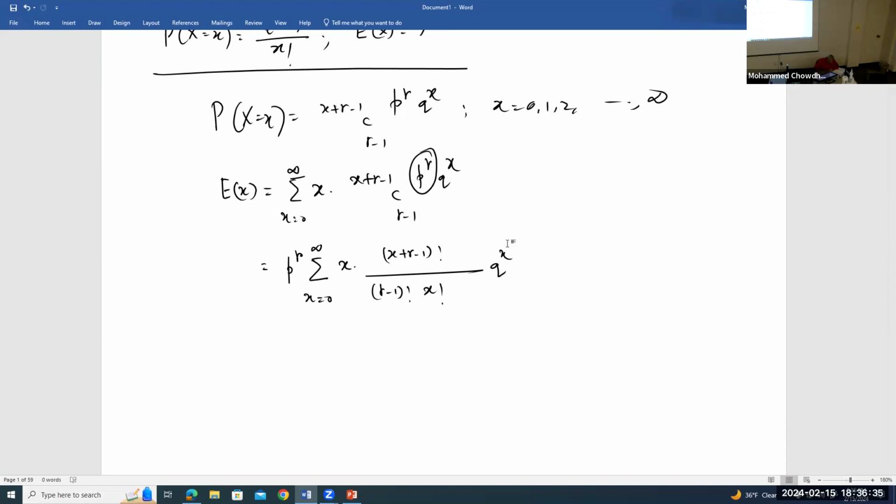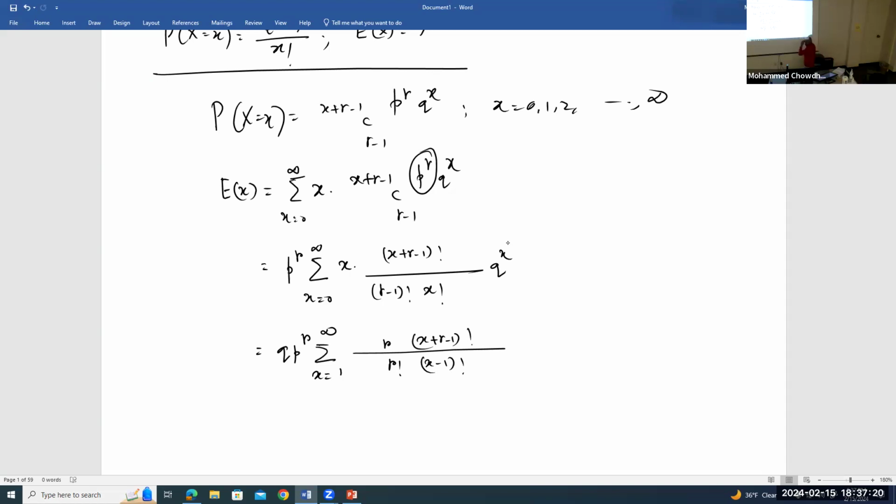Now from there, what I want to do, I want to take q and p to the power r out, and then x takes values 1 to infinity. If I take out one r, then it should be factorial r and then r, and then there is x plus r minus 1 factorial, and also there is x minus 1 factorial.